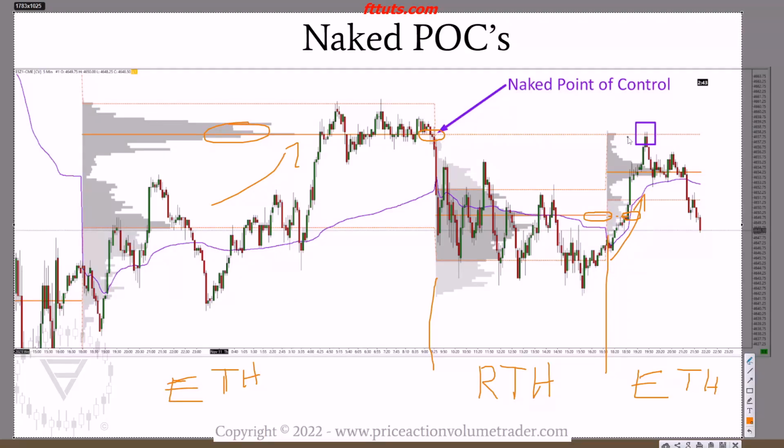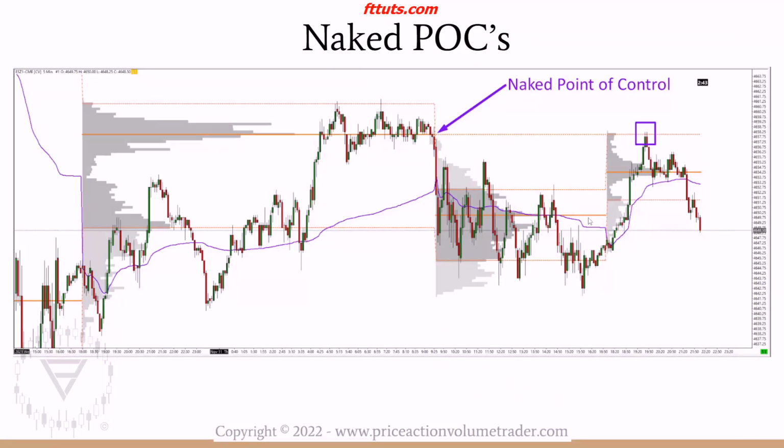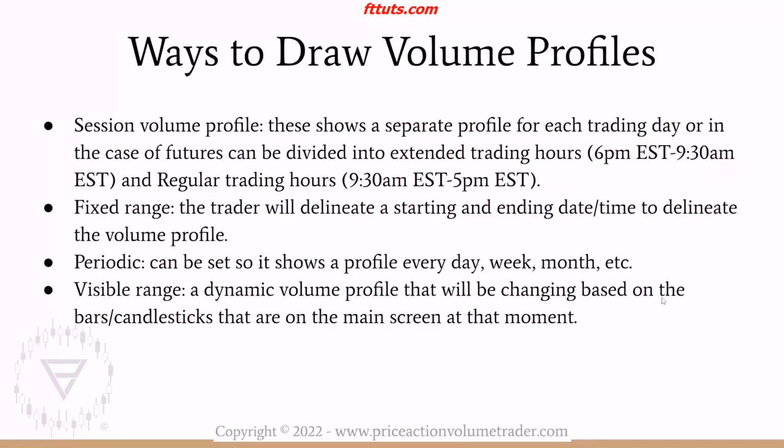That doesn't mean we always reject automatically off every naked point of control, but it is always very important to keep an eye on where we had the points of control closing for the last sessions, because like we said, the point of control is telling us where we had the largest amount of volume for that session.